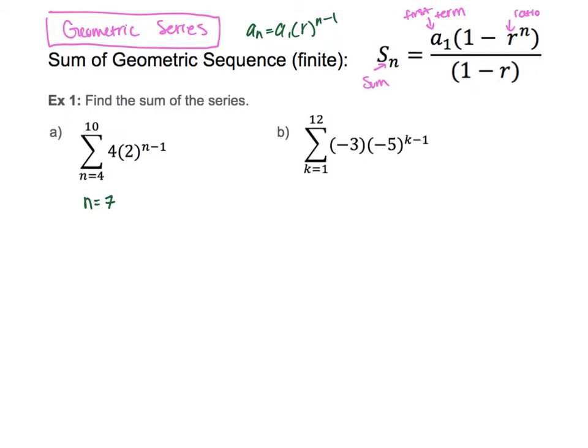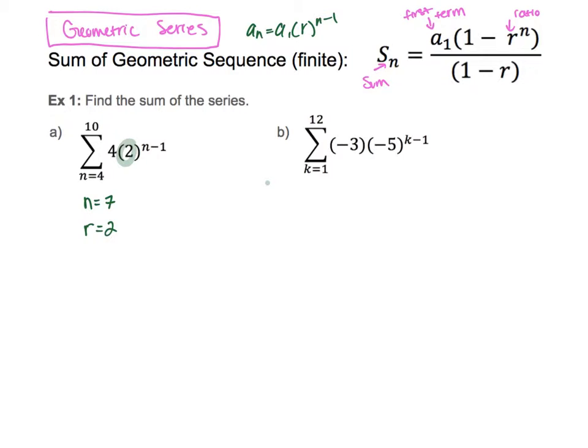That tells me this is definitely a geometric sequence because of the formula in the summation notation. The 2 is being raised to the n minus 1, which is a dead giveaway that r here has to be 2.